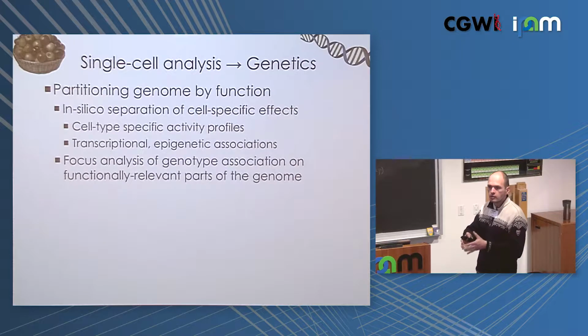Then you can group these computationally and come up with aggregate expression profiles or epigenetic profiles. So it gets you these in silico subpopulations that give you cell type specific activity profiles, such as expression. And if you're running EWAS or epigenetic association, you can use those without explicitly physically purifying the cell types.